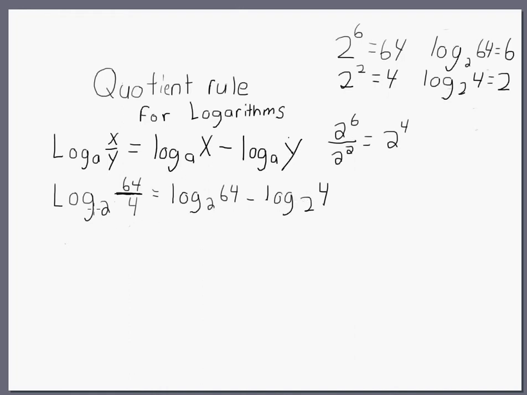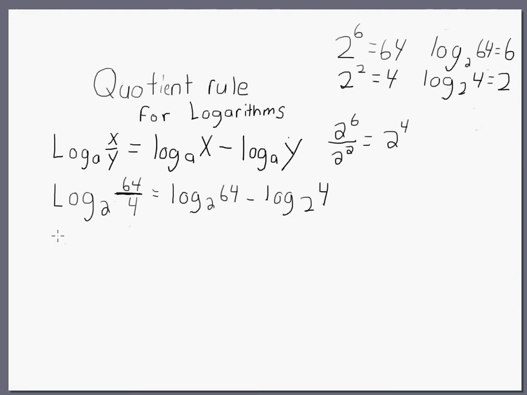So the concept behind it is if I'm doing a logarithm of two different numbers, log base 2 of 64 is the exponent 6, and log base 2 of 4 is the exponent 2. So by doing this, I am showing that dividing exponents with the same base is the same as subtracting, which we can see over here.